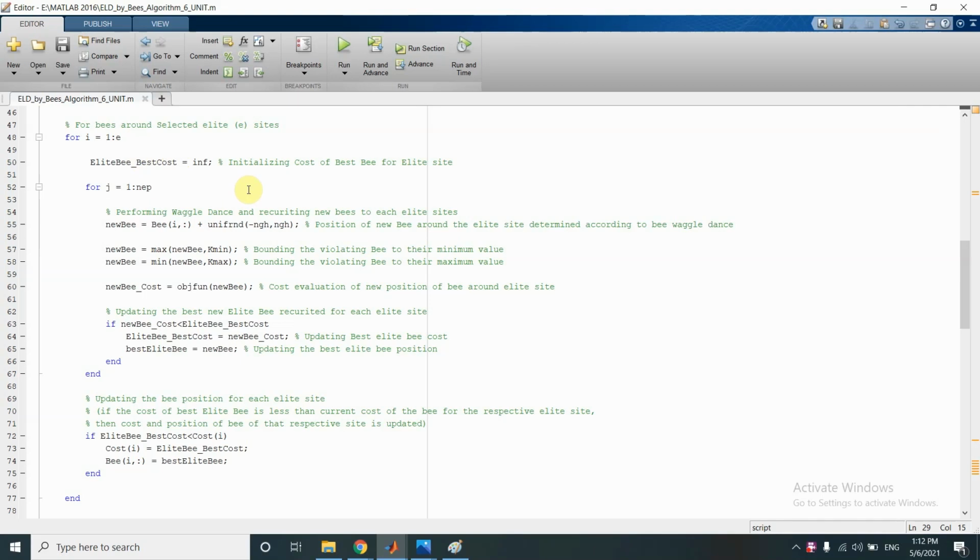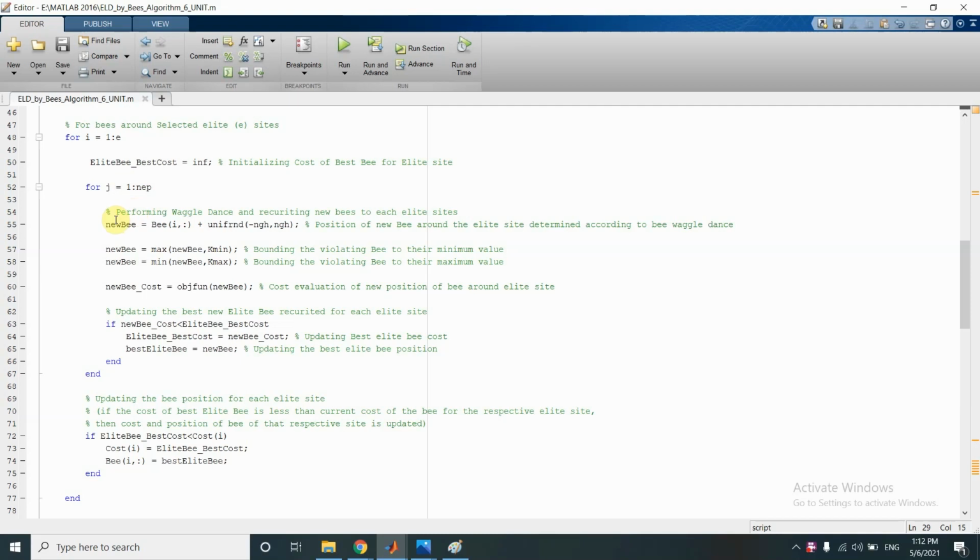So in this for loop, for finding the best newbie among all the newbies that were sent to a particular elite site, we initialize this for loop. This will run NEP number of times, where NEP is the number of bees sent to the neighborhood of a particular elite site.